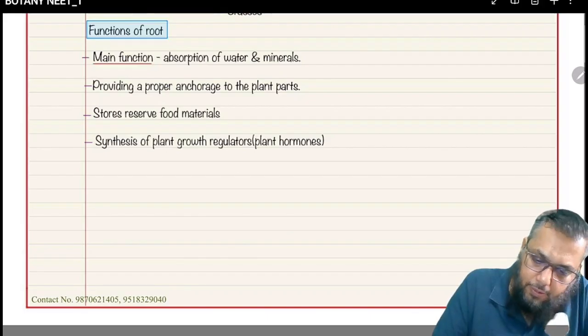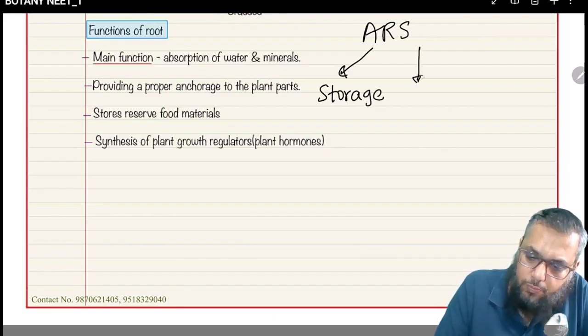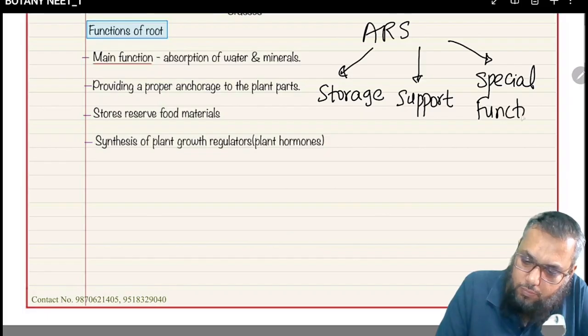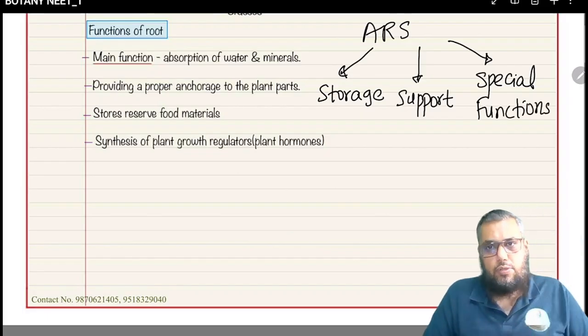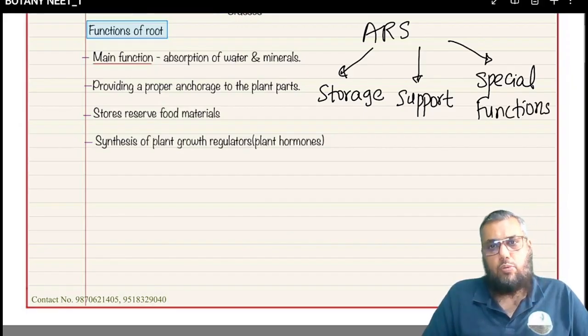Like an adventitious root system can get modified for food storage or for mechanical support, as well as it can get modified to perform special functions. So I have just told you why they get modified for food storage. They get modified for food storage in order for perennation and vegetative propagation.